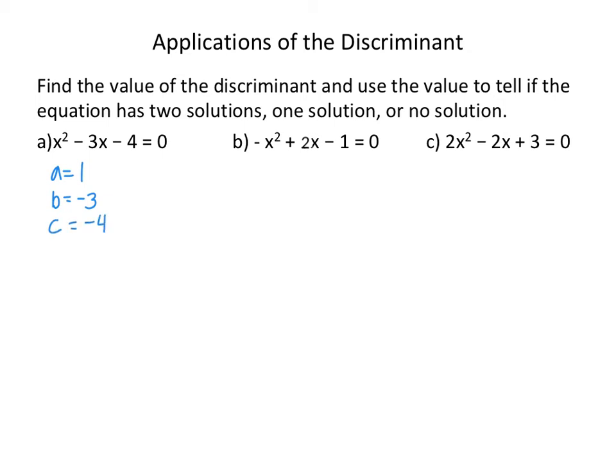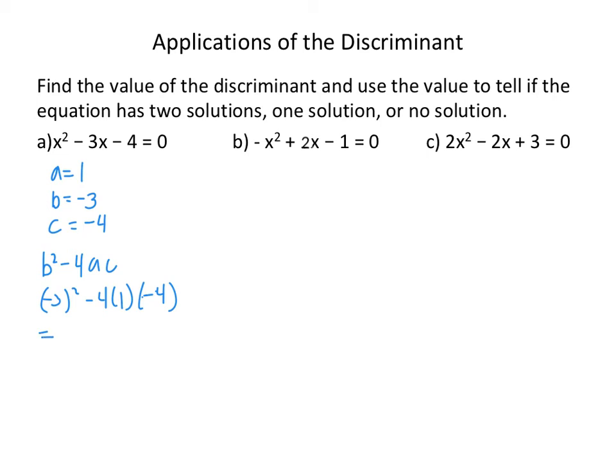My discriminant is b squared minus 4ac, writing that here. Plugging this in, we have negative 3 squared minus 4 times 1 times negative 4.